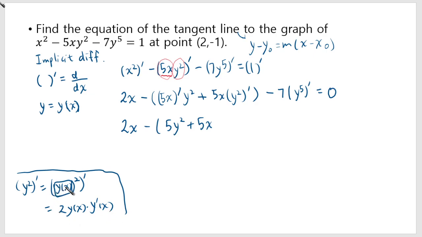What's the chain rule? If you have an inner function and an outer function, you differentiate the outer function as if the inner function is just x. So in your mind, you're thinking of x squared, you differentiate as 2x, but instead of x, now you have y of x. And once you're done, that inner function has to be taken outside and you have to differentiate it again, which means that this is equal to 2y y prime, okay? So there is a very big asymmetry between how you treat x and how you treat y in implicit differentiation.